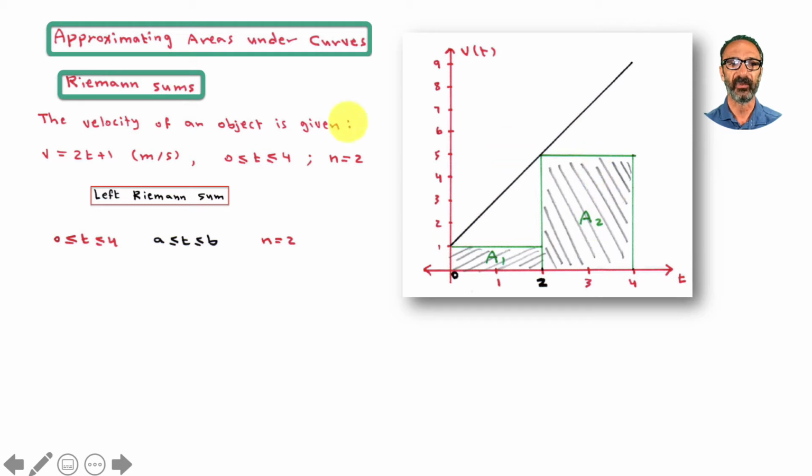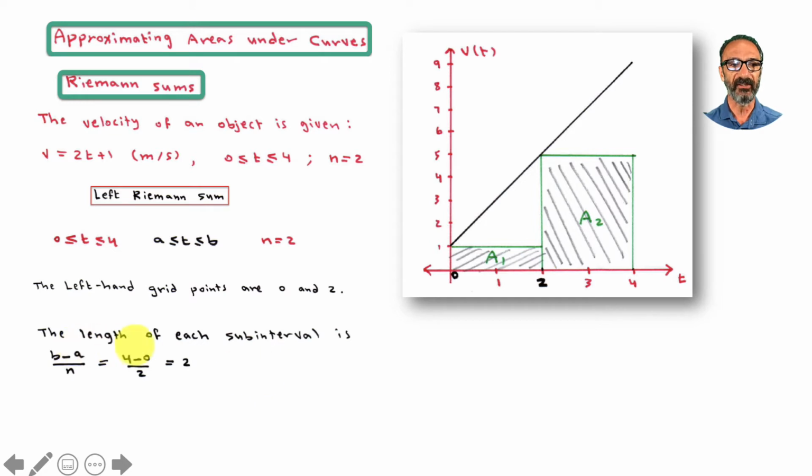So the left Riemann sum will add up A1 plus A2, with A1 as the area for this right here, and A2 as the area for this right here. The left-hand grid points are 0 and 2. The length of each subinterval, since n equals 2, formally we do it this way: b minus a divided by n.